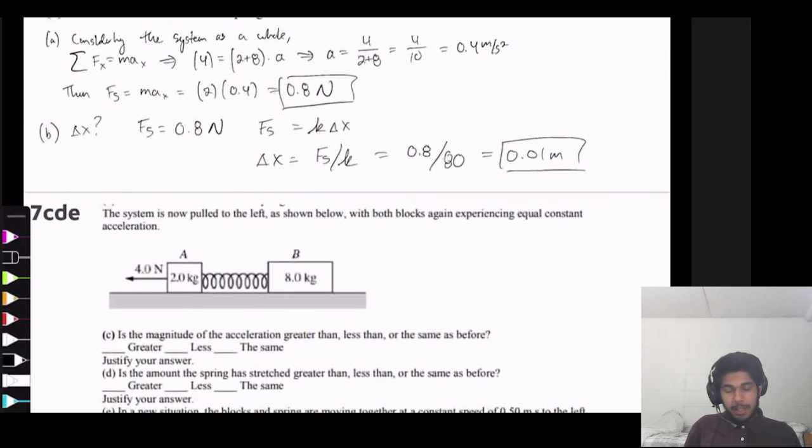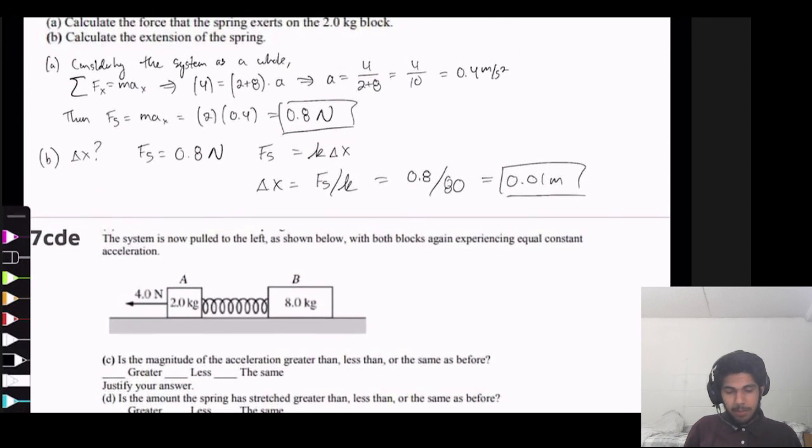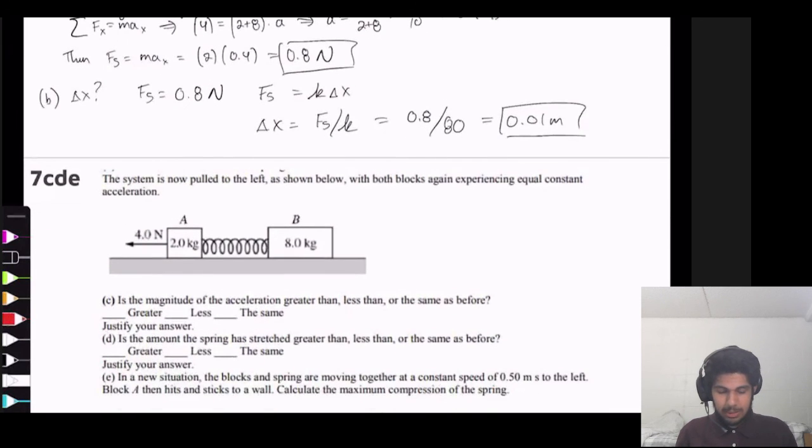Well, how did we find acceleration? We said the force is equal to the mass of the system times acceleration. So the force is still 4 newtons, right? It's still 4. And the mass of the system is still 2 plus 8. We have 2, we have 8, the system 10 kilograms. So this acceleration calculation is going to be exactly the same. So this is the same.